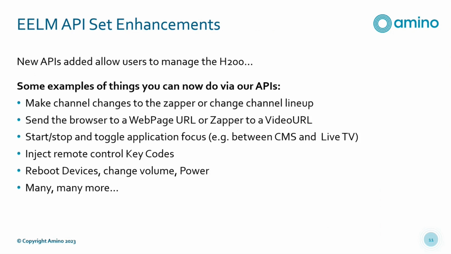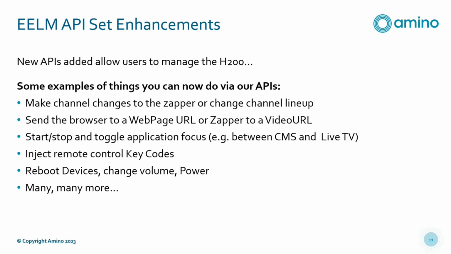We've also spent a lot of time developing what we call our EELM API set. This is really a set of APIs that are available to anyone who has the H200 to control the H200 with your own system. So let's say you had a business management tool that you wanted to automate some of the tasks on the H200.